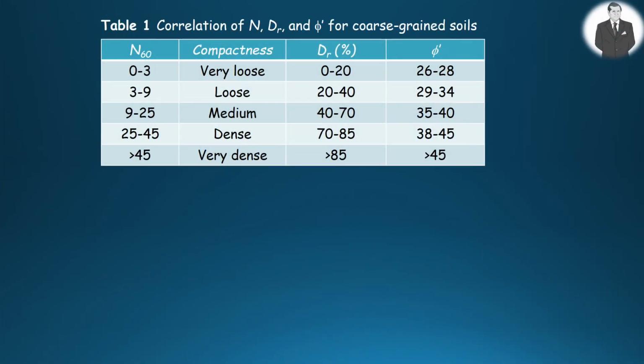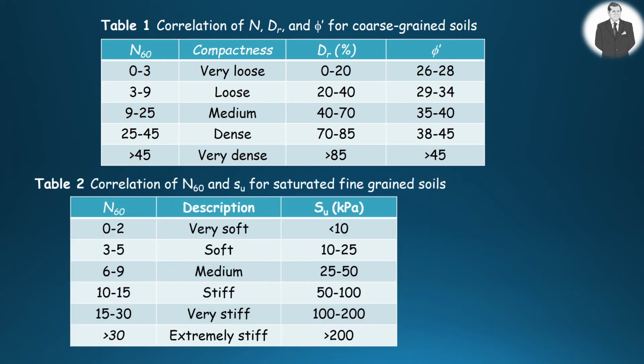Table 1 shows a relation between standard penetration number, relative density, and internal friction angle for coarse-grained soils. And Table 2 presents a relation between the corrected standard penetration number and the undrained shear strength for saturated fine-grained soils.